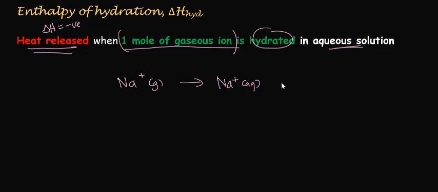To write the thermochemical equation, just add the enthalpy of hydration information. Since energy is released, it must be in negative kilojoule per mole. Again, for the standard enthalpy of hydration, we put not here, at standard condition, 298 Kelvin.